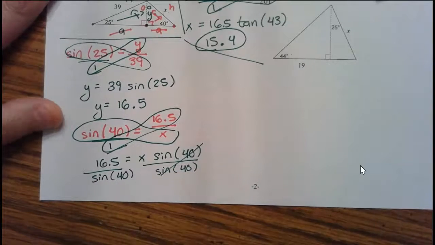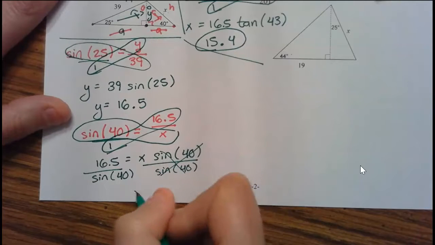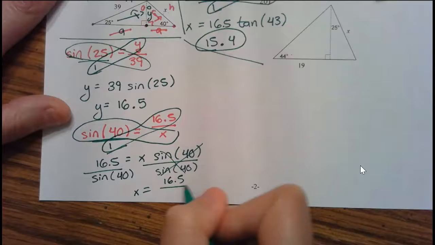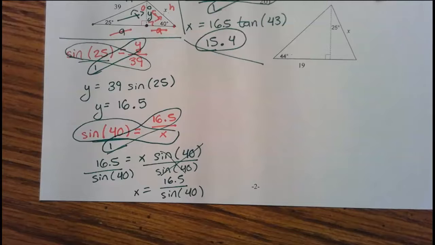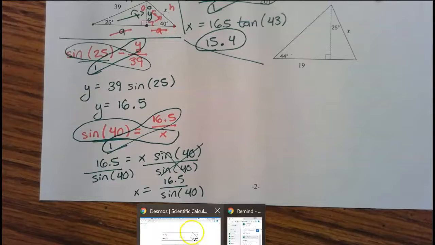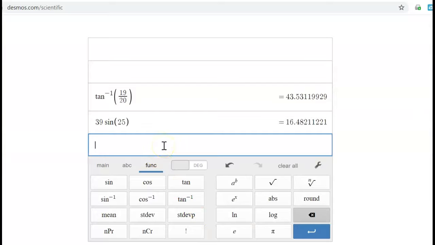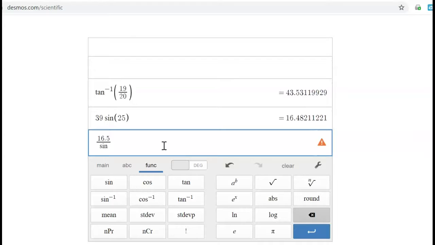What I do to one side, I've got to do to the other. X is now by itself, so I can put that in the calculator. So x is equal to 25, and we're rounding to 1 decimal, so 6 rounds up to 7. So that side is 25 and 7/10.